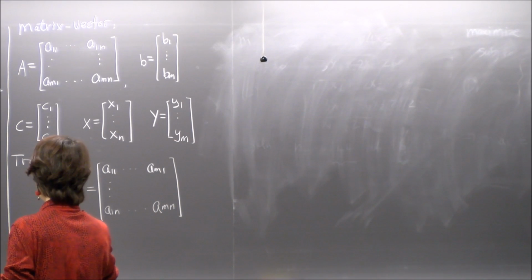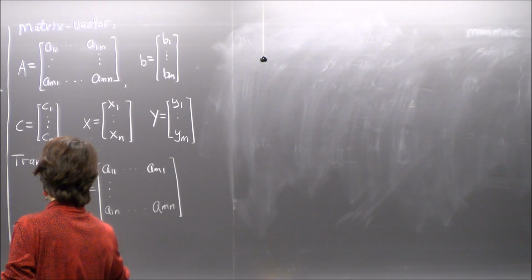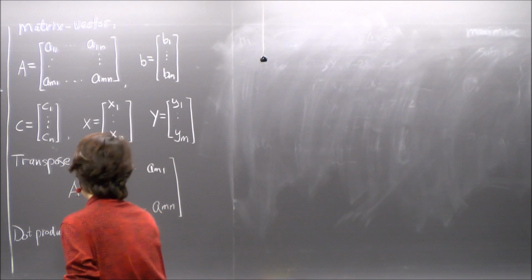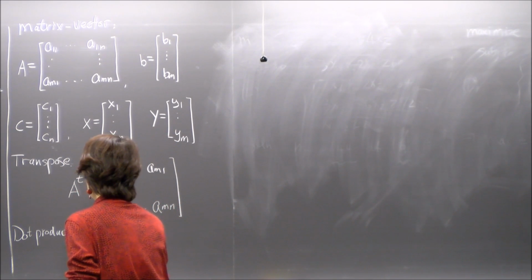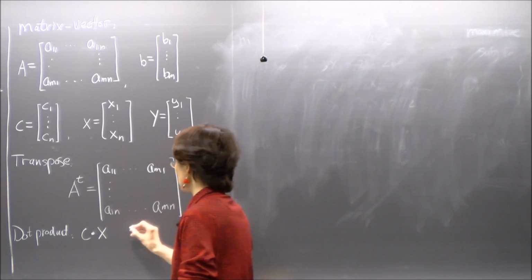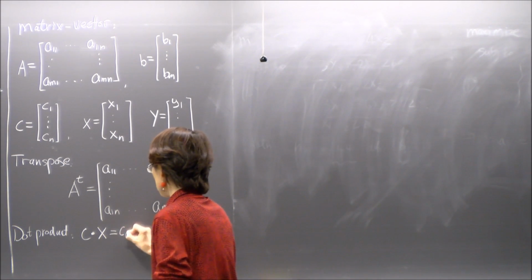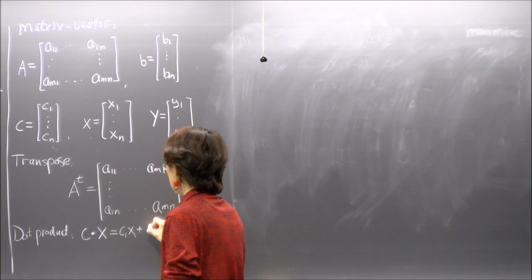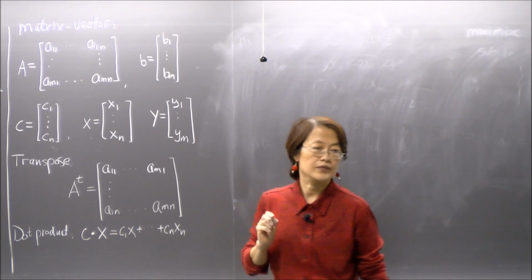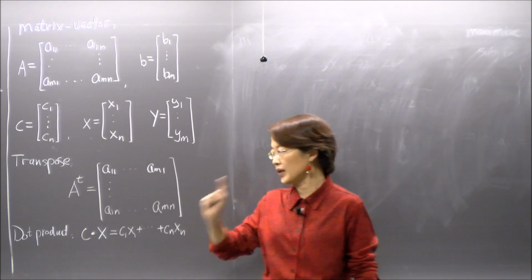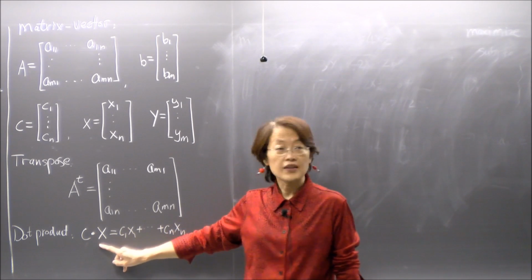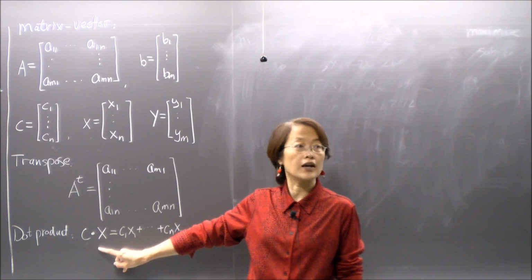It just makes everything so compact. Take the example of x and c. If I say x is a vector, dot product, the c vector, c dot x, what does it mean? It means c1x1 plus all the way to cnxn. If you take a dot product of two vectors, those two vectors must have the same length, otherwise you can't do it.